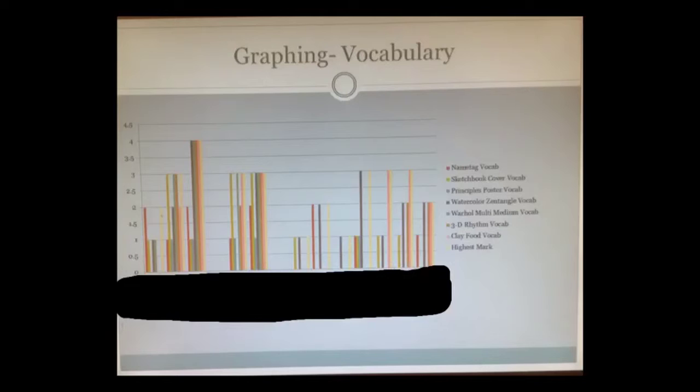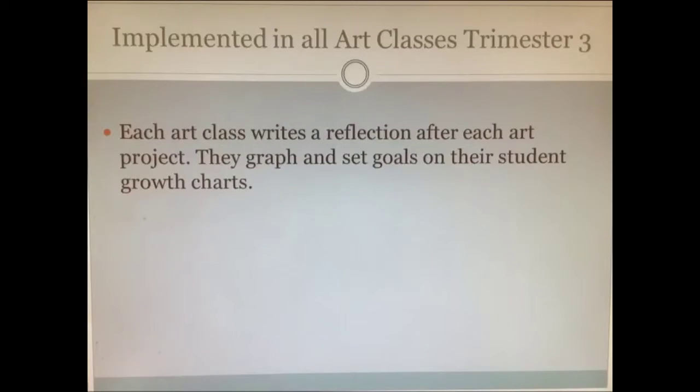This gives me a clear idea of where students are growing, or maybe they have had growth but then recede on the next project. By third trimester, I was then ready to implement this in every art class. And so I was able to take what I had learned from trimester 2 and guide every art student in the reflective process.